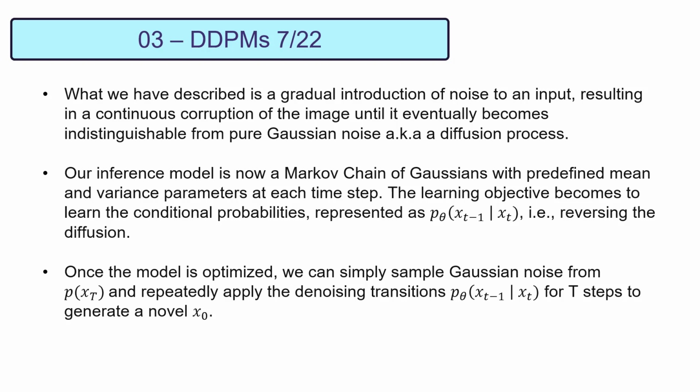Now, I'm going to ask a question which maybe you're wondering. If we know Q, why are we actually learning to reverse the process? Why is this useful? Why do I need to actually learn how to find xt minus 1 given xt when I already know how to reach xt? Do you have any ideas or intuitions?